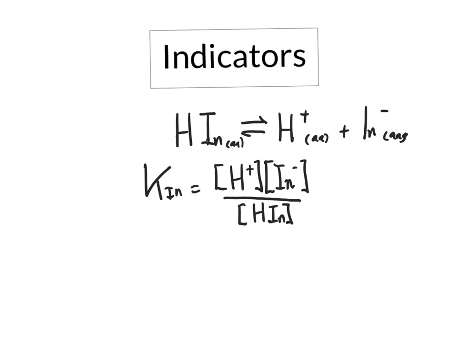And just as we did with weak acids, the concentrations of those will then cancel out. And therefore, the pH at which an indicator is at its midpoint or its end point equals the pK of the indicator, that is the pH at which it changes colour.